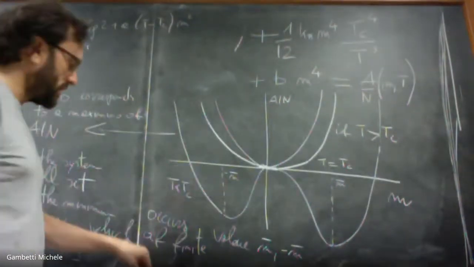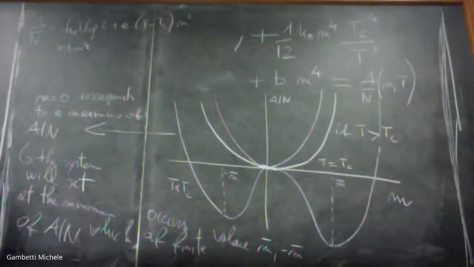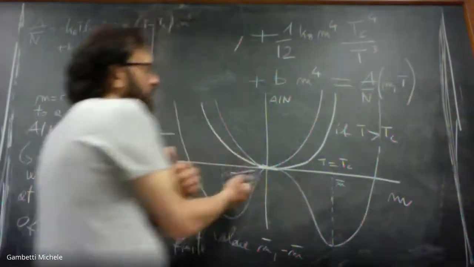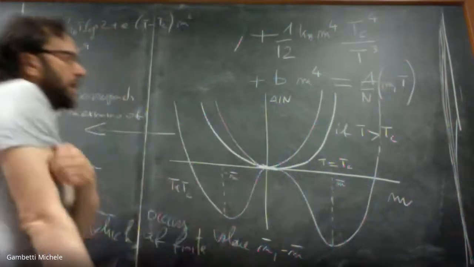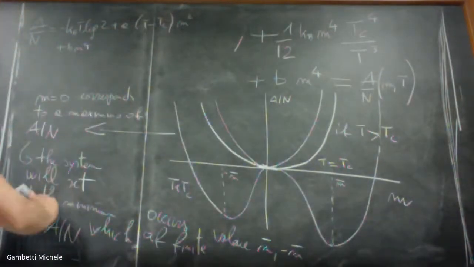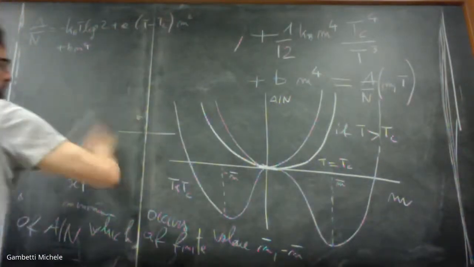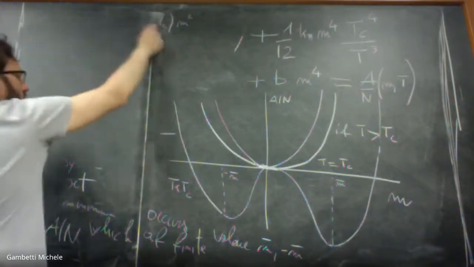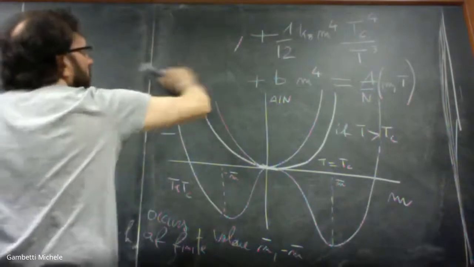This plot basically explains why I have a magnetization at T below Tc, because my free energy, which is the quantity that must be minimized to obey the second principle of thermodynamics, has a minimum at a finite value of m.